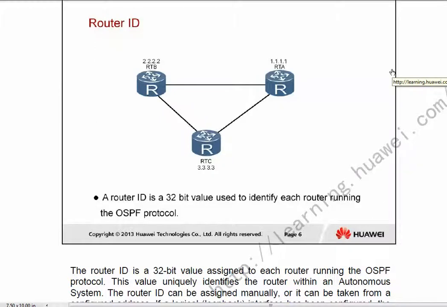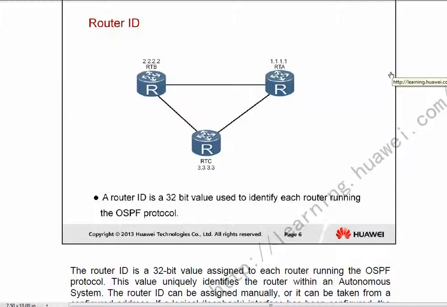Router ID. The router ID is a 32-bit value to uniquely identify the router within the OSPF domain. We recommend assigning this router ID manually. If you don't assign it, the router will pick the highest logical IP address, such as the loopback address.